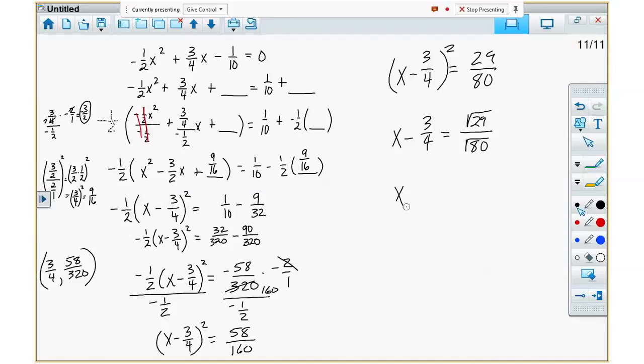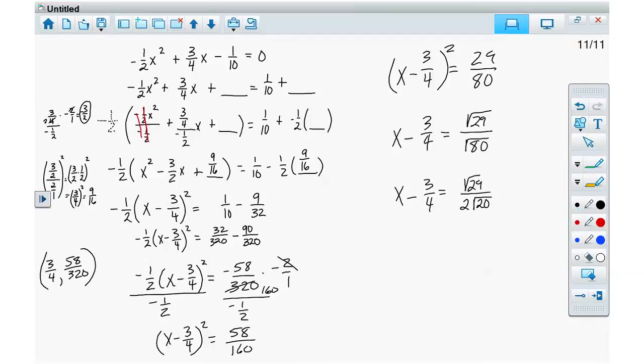X minus 3/4 is equal to the square root of 29 over 4 square root of 5. Y'all check me. And then I can take that down. That'd be 4 square root of 10? Somebody check me.